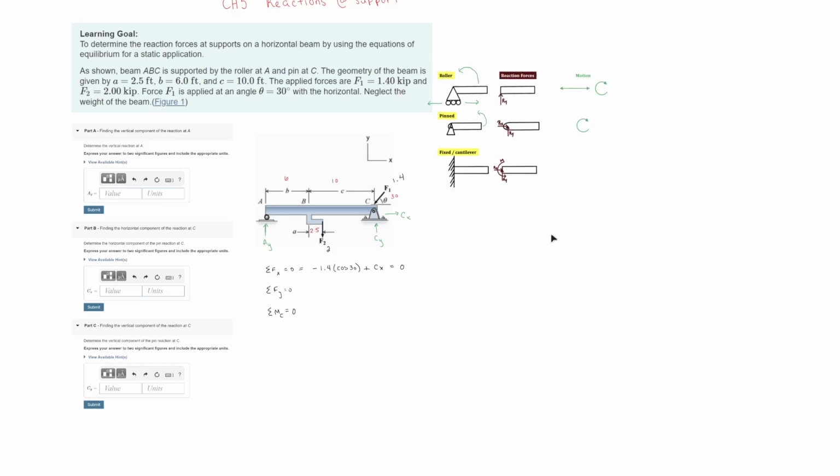Okay, so if we do some simple algebra here, we can see that 1.4 times cosine of 30 equals 1.21. So we already know that Cx is 1.2, so we're going to write it here, 1.2, and the unit is kip. So that was easy.